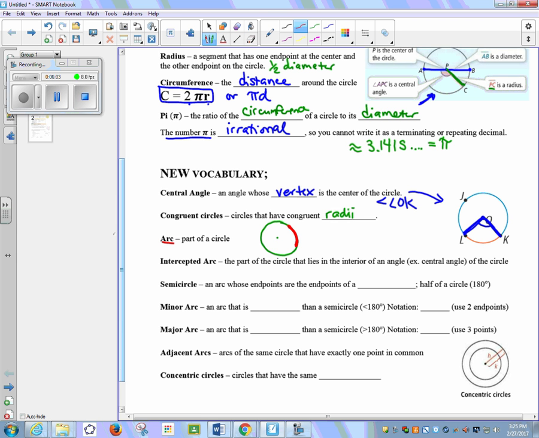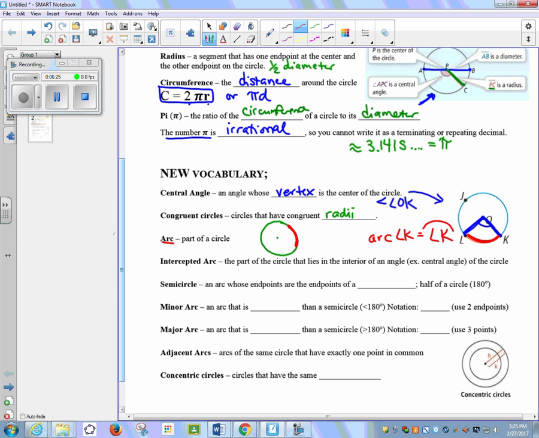So this would be an arc. Over here, LK would be an arc, right? So arc LK. The notation for arc, we put an arc, basically, over the 2 points that are the endpoints of that arc.